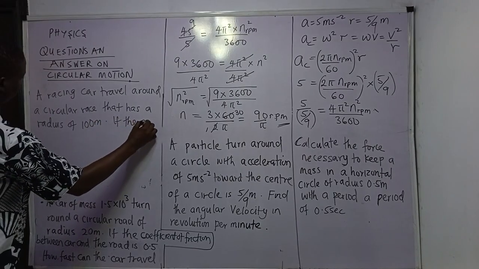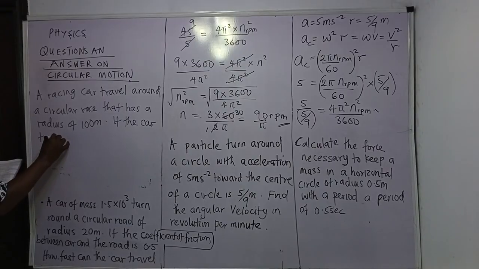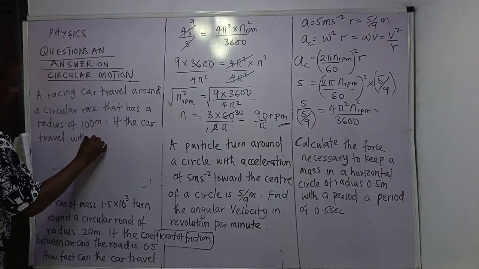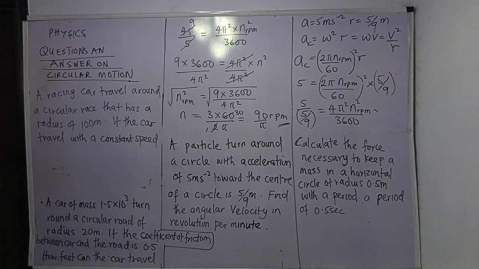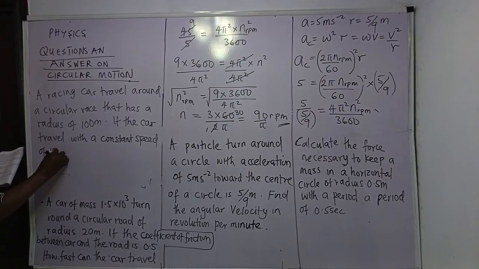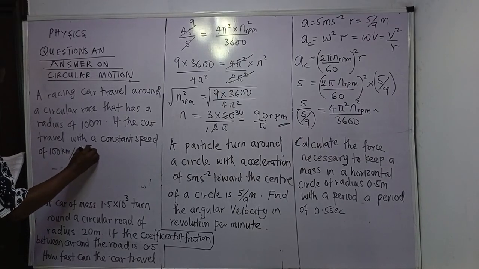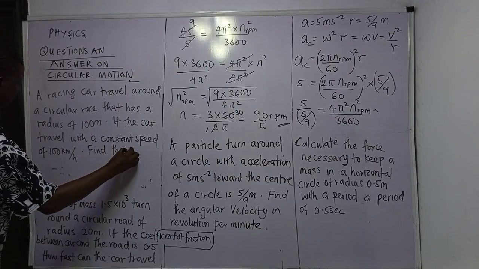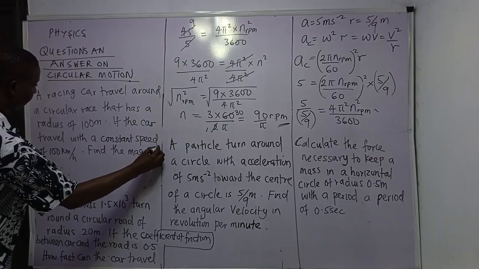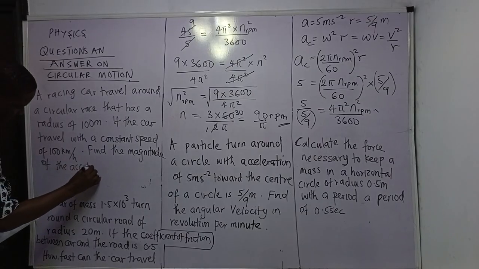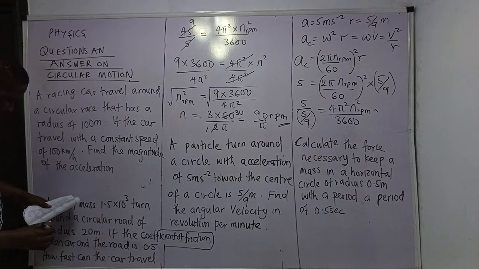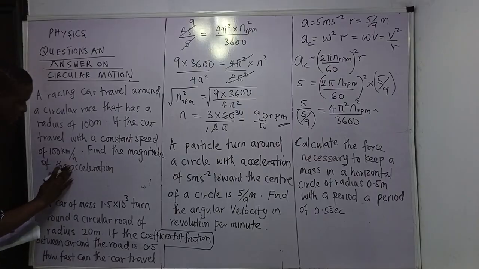If the car travels with a constant speed of 100 kilometers per hour, find the magnitude of the centripetal acceleration.